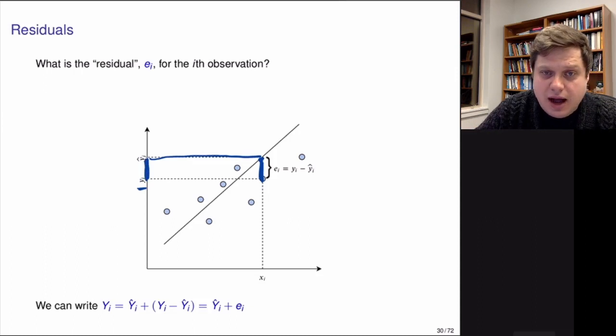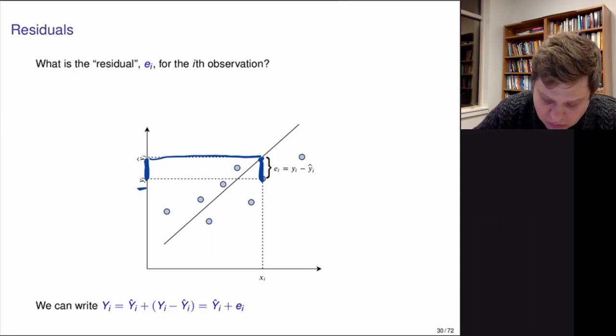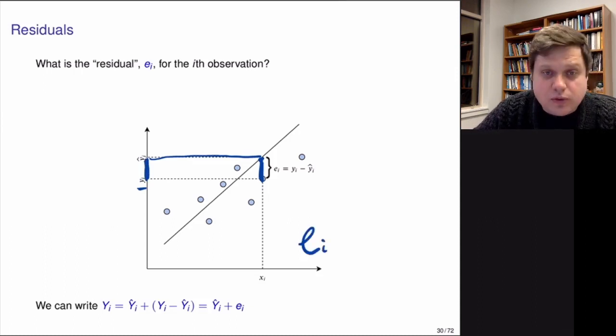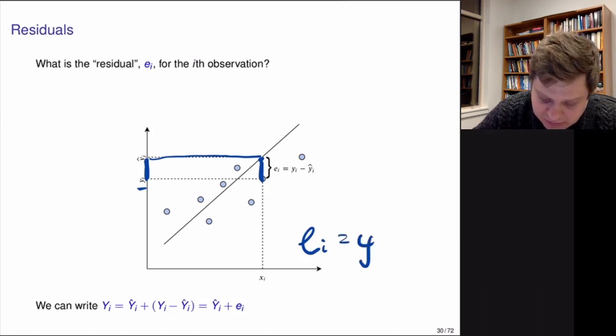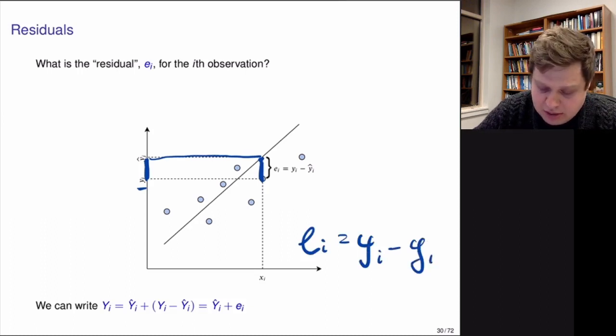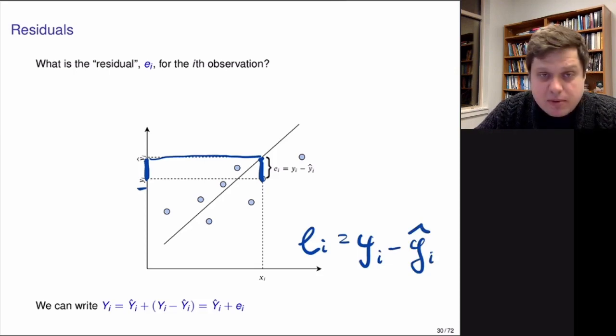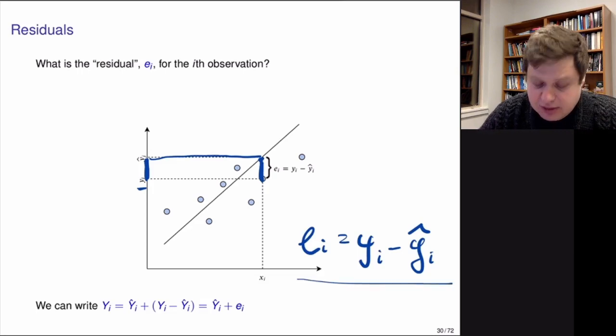And we use letter e to denote it. So the residual of the observation i is just the difference between the actual value of y and the value of y predicted by the model. And you remember we want those residuals to be as small as possible. So the way we quantify whether we have a good linear model or not is by looking at the values of those residuals.